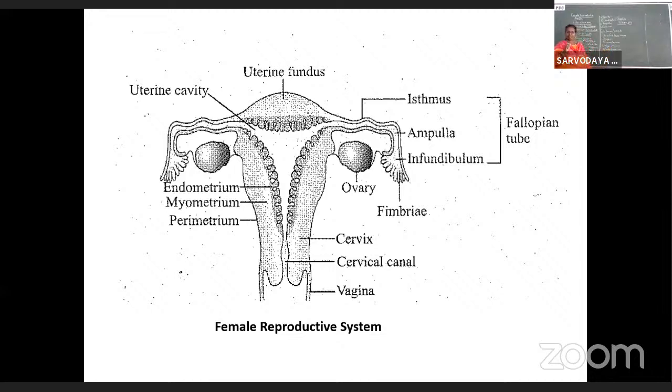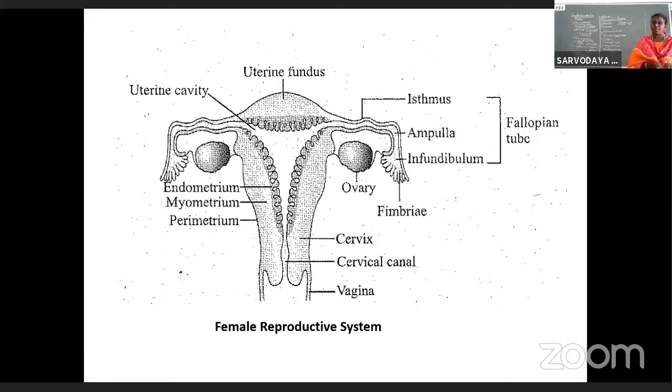Endometrium, the inside layer. Now, most of the time, as I'm explaining, it's very easy. Perimetrium, myometrium, endometrium. In the examination, I have observed many students committing a simple mistake.